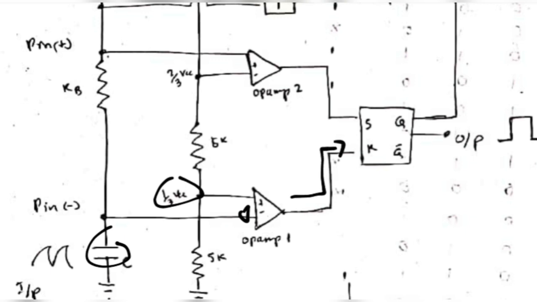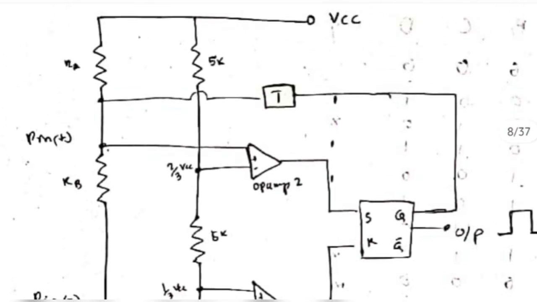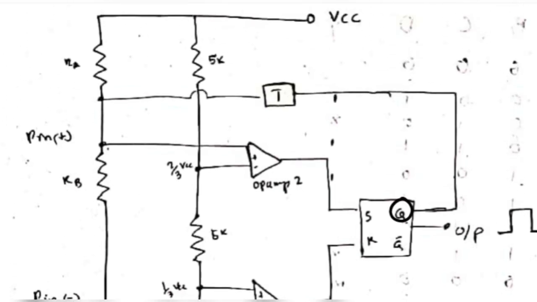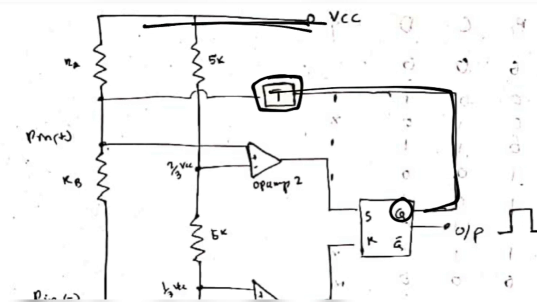So if output is high, R means reset. So if reset is high, Q will be 0, so the output will be low. So when Q is 0, what will happen? When Q is 0, it will not go to the transistor, this will not discharge anything. That means all the VCC that is coming from here will go and store in the capacitor.